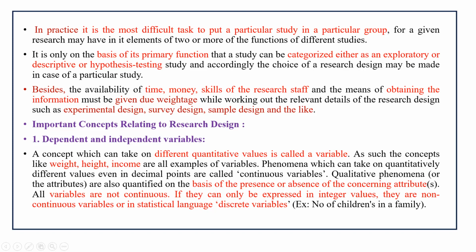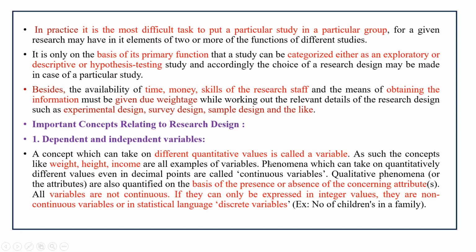Now, what are these variables? It means those variables can be countable. For example, weight, height, income, mass, temperature, distance, energy, speed, length. These are all examples of variables. There is one more sub-branch of variables: the phenomenon which can take on quantitatively different values even in decimal points.